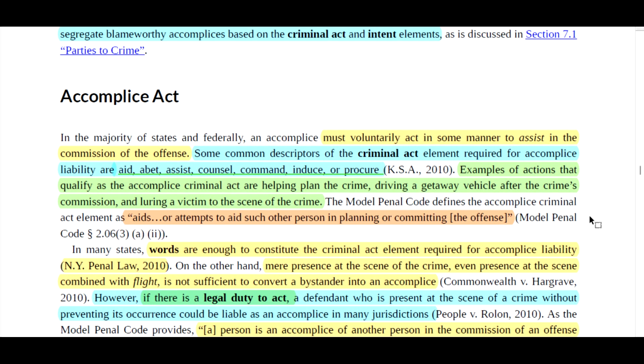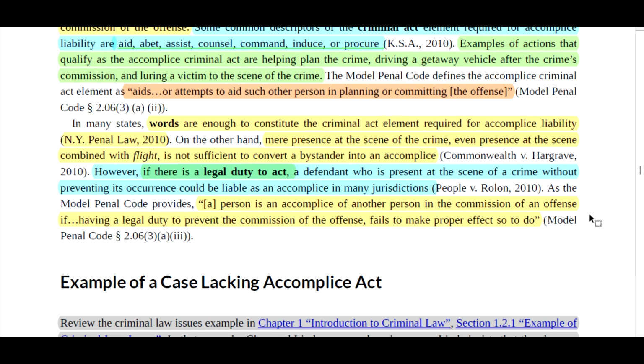So, in the Model Penal Code, one who aids or attempts to aid such other person in planning or committing the offense. If you've helped in any way, shape, or form, and it falls under any of these possible areas, you are equally responsible for said crime according to our laws.